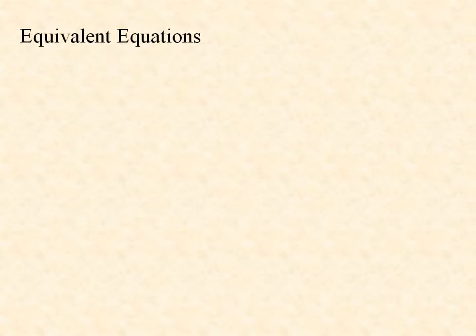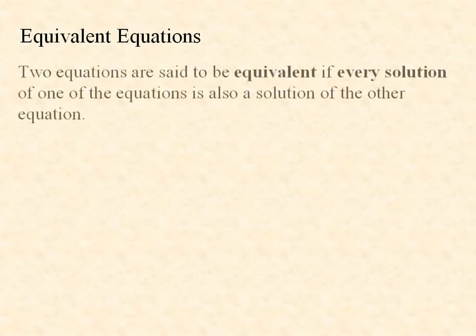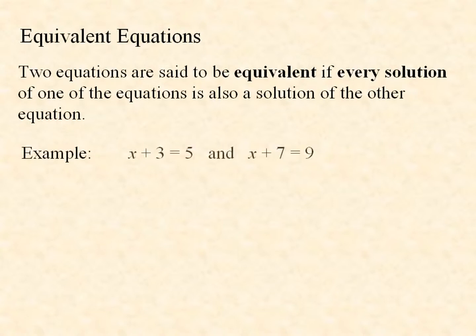Equivalent equations. Two equations are said to be equivalent if every solution of one of the equations is also a solution of the other equation. For example, the equations x plus 3 equals 5 and x plus 7 equals 9 are equivalent equations.